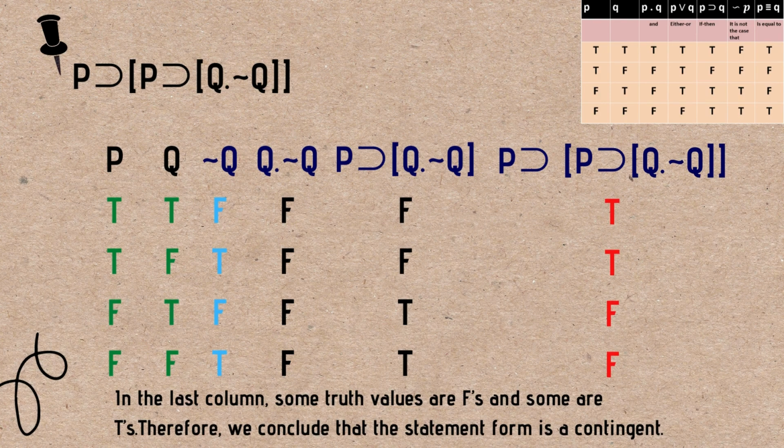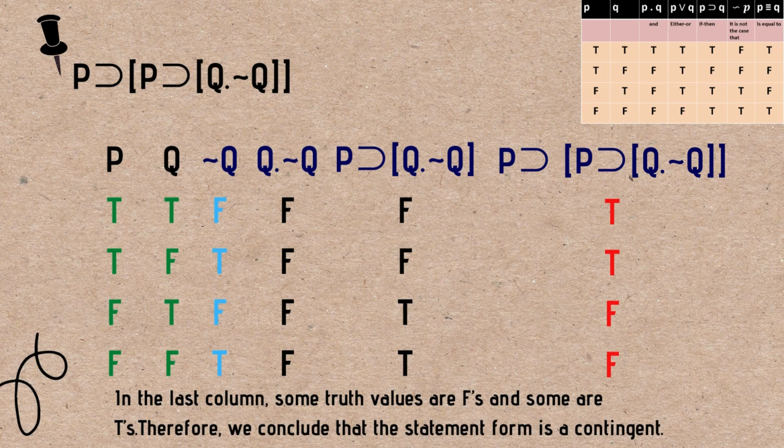Q conjunction negation Q. If you do Q dot negation Q, which is T dot F, F dot T, T dot F, and F dot T, you will get false for everything.